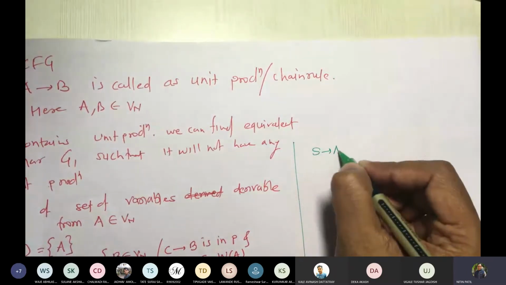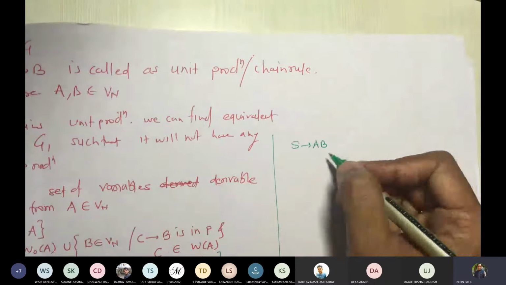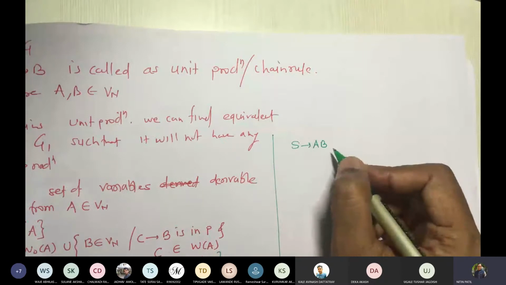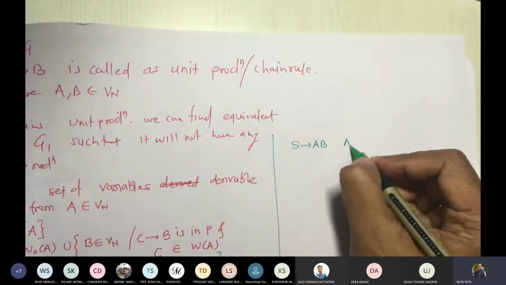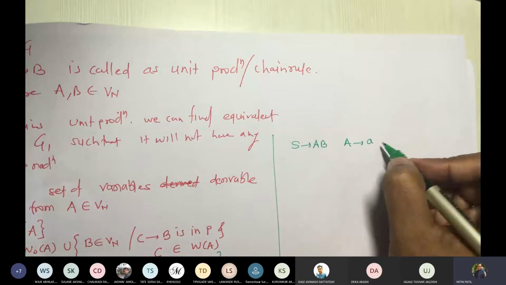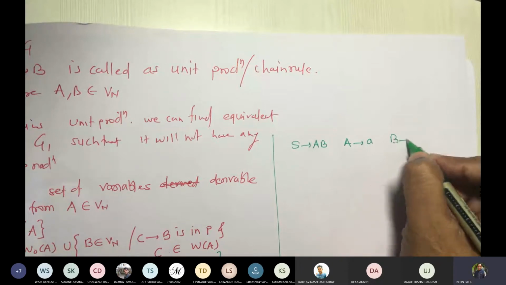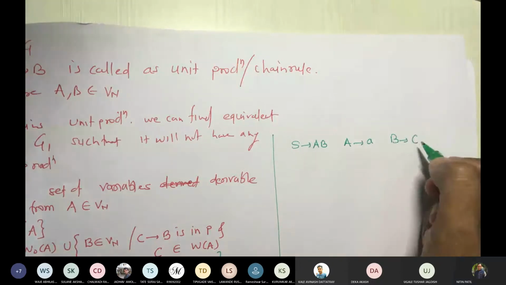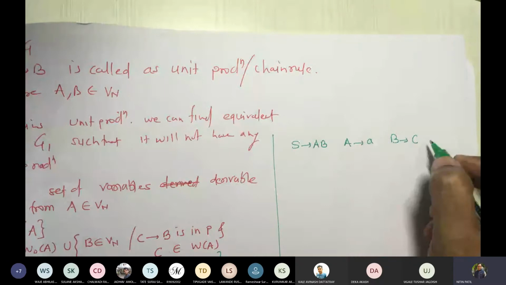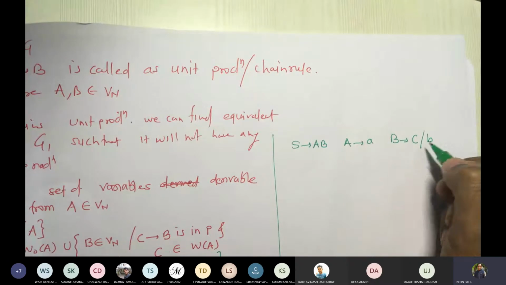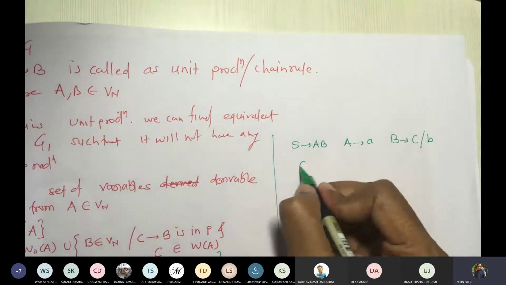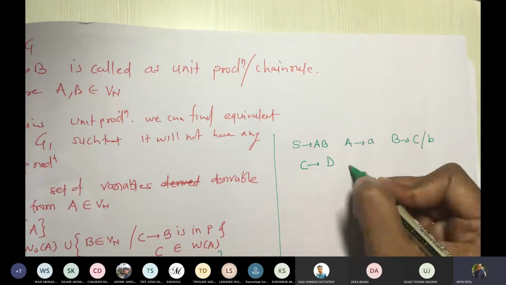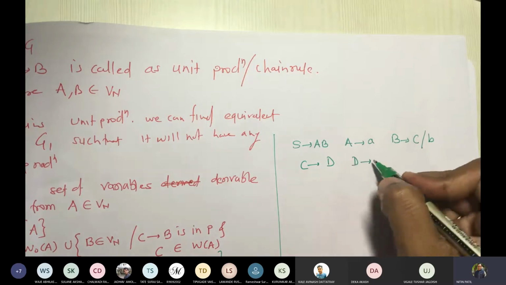Suppose grammar G contains S gives AB. Then let us take A gives a, B gives C, and also let us add a terminal here. Then C gives D, D gives b.